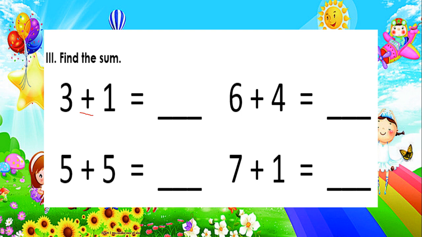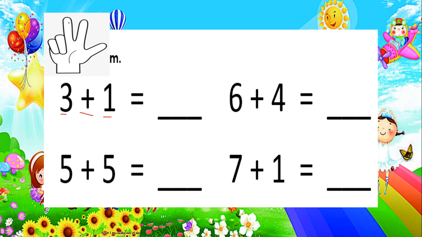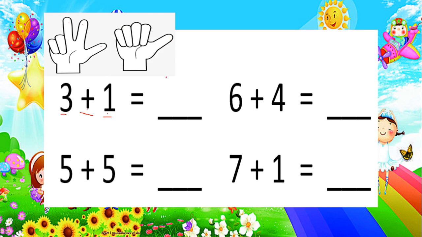So first, let's take the first number, which is 3 plus 1. So again, you need to raise your fingers. First, 3 fingers like this. 1, 2, 3, plus 1. Okay, so you have your 1 as your second number.